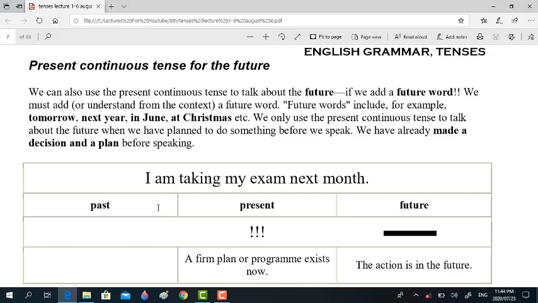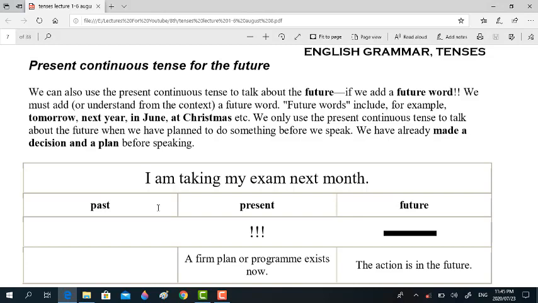We also use the present continuous tense to talk about the future when we have planned to do something before we speak, right? As I have repeatedly told you, this shows actions in the future when the actions have already been planned.